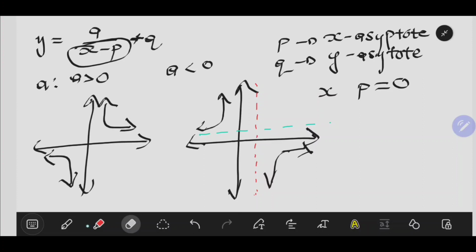This is subtraction, so it means x minus p is equals to 0. And then when we make x the subject of the formula, we're going to have x is equals to p. So this p is our x asymptote. And then the value of q is our y asymptote, meaning that y must be equals to q.